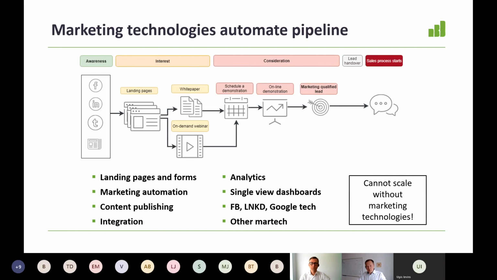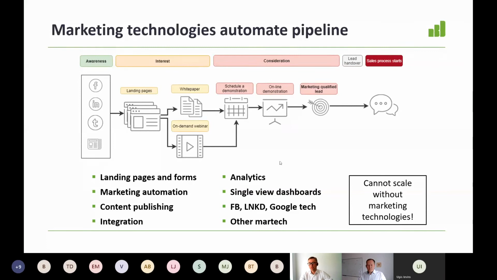To have 50 opportunities, you probably need perhaps 200 leads. And to have 200 leads, probably you need, let's say, 1,000 prospects. You see very quickly that the number of relationships and contacts involved in marketing increases exponentially. And you cannot just handle it manually without marketing automation or other technologies. So these things need to be in place.